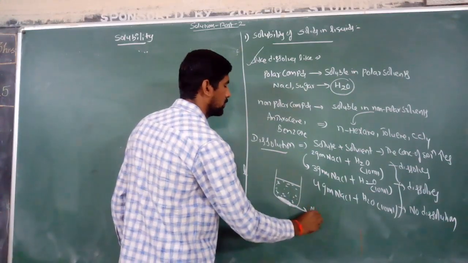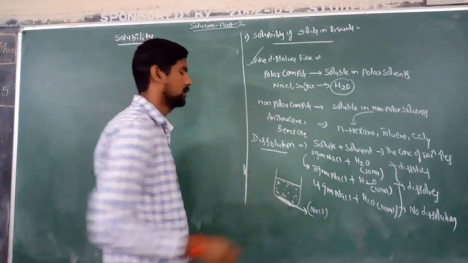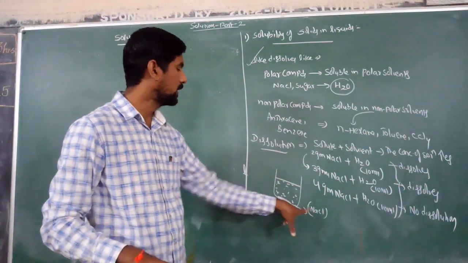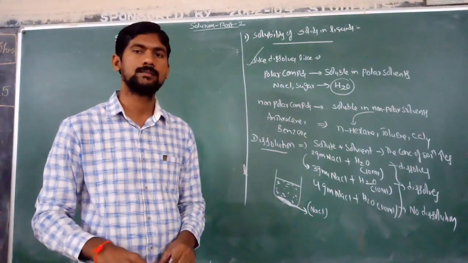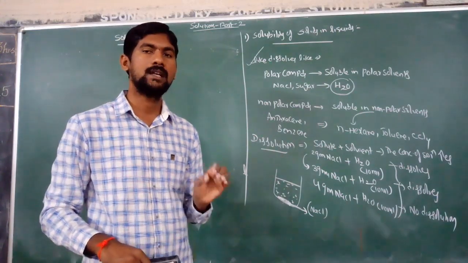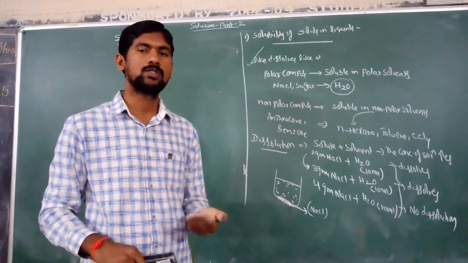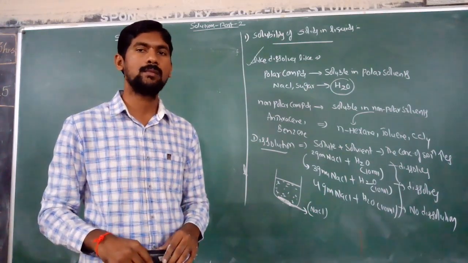So some of the sodium chloride is present in undissolved state. You can observe some of the sodium chloride is present in undissolved state. This condition is known as dynamic equilibrium.